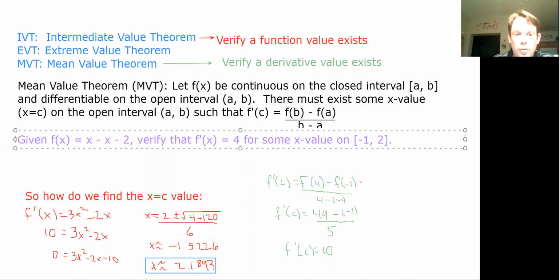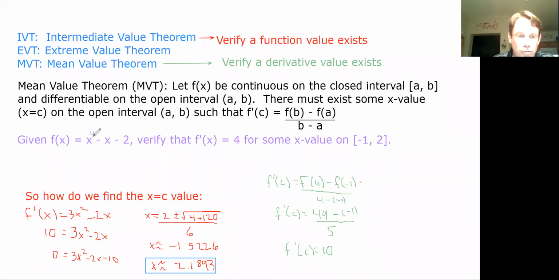And let me write in those exponents there. There we are. So given x to the 4th minus x squared minus 2, verify that f prime of x equals 4 for some x value on -1 to 2. Go ahead and pause the video, and then we'll solve it.